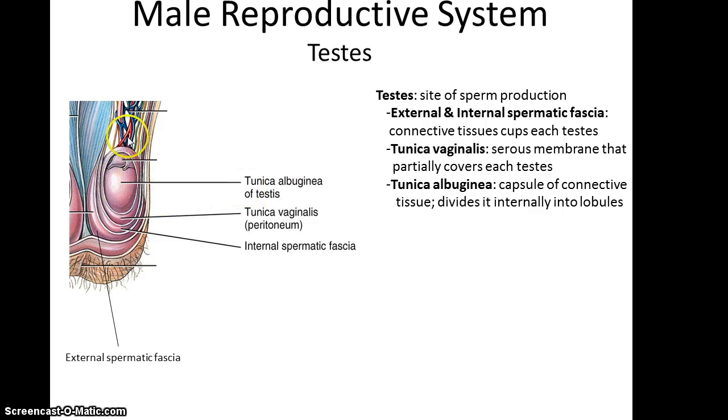Then specifically around each testis is a tunica vaginalis, which is a serous membrane that partially covers each testis, and then the tunica albuginea, which is connective tissue that surrounds the testis and also moves internally into the testis to form lobules.